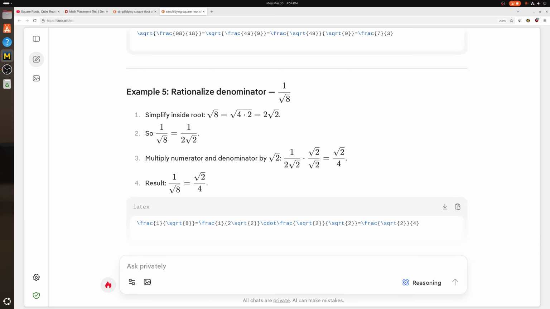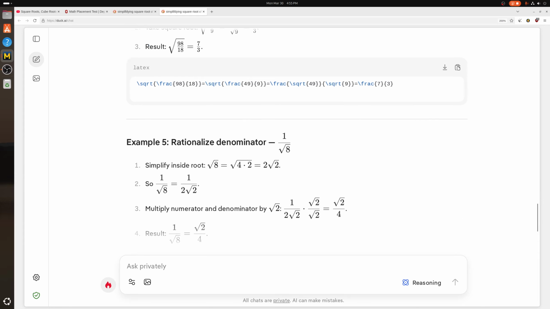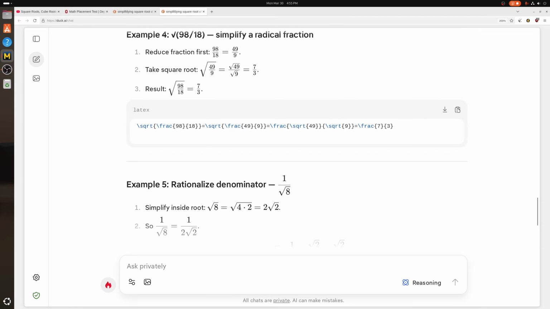Rationalize. You take the conjugate. No, you do. 2 root 4 equals 2 root 4. Because you know what, square root the denominator. So 8 would be 4 times 2, is 2 root 2. So 1 equals 1 over 2 root 2. So then, I'm not looking at the bottom, but you do root.